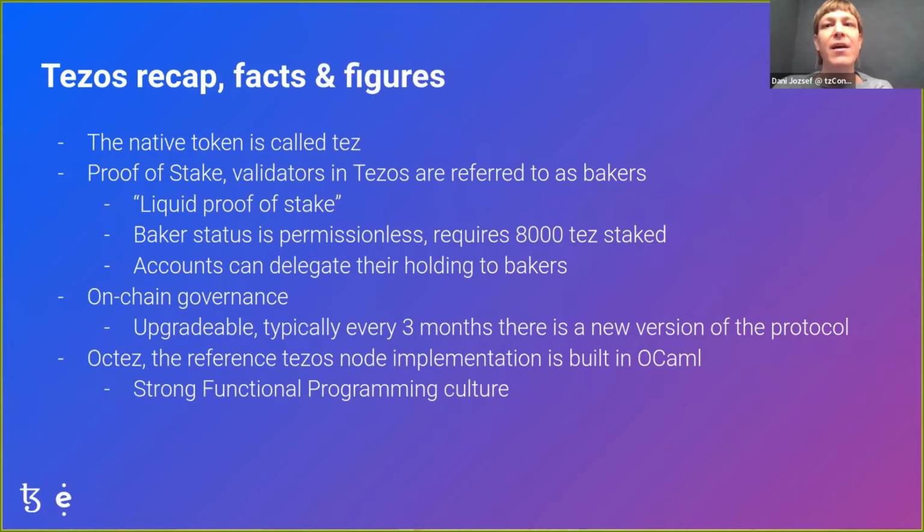So there have been already two classes where we went pretty deep into blockchain topics, and the second one was about Tezos specifically. So now just a little recap. Tezos is a public blockchain. Its native token is called Tez.